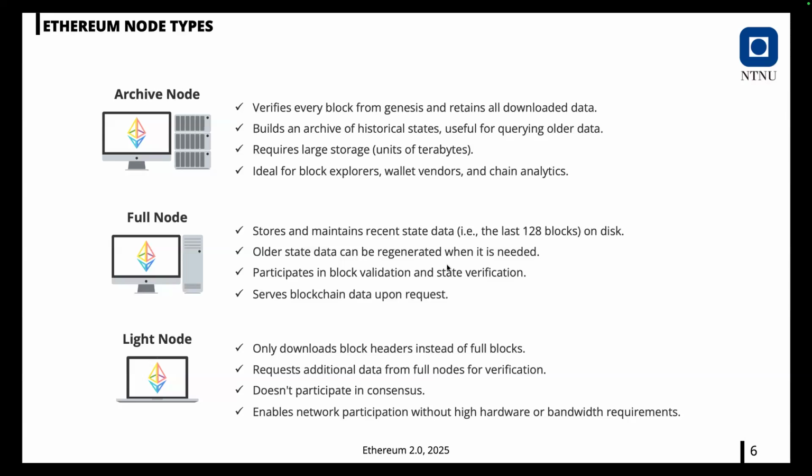But apart from this, if you store all those transactions, then you have a full node. But if you store all those transactions together with the state, so what is a state?